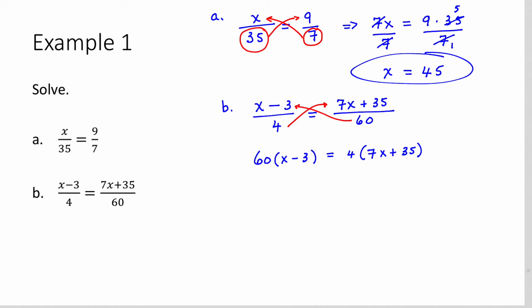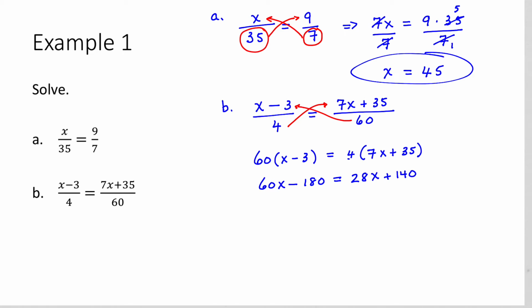So I can go ahead and distribute the 60. And I could have done that when I was doing the cross multiplication. So that's just your own personal preference if you want to take an extra step or not. Whichever is fine. And then I distribute the 4, and 4 times 7x is 28x. 4 times 35 is 140.